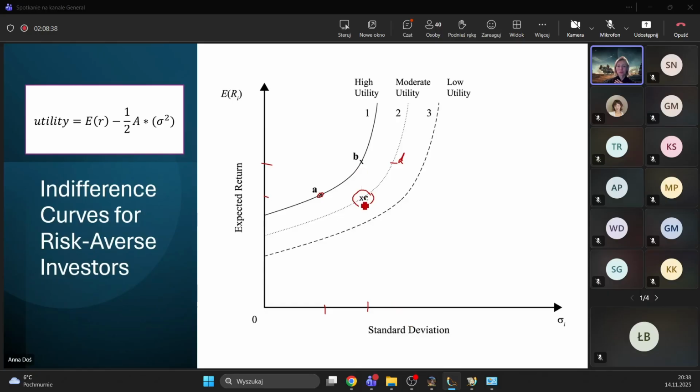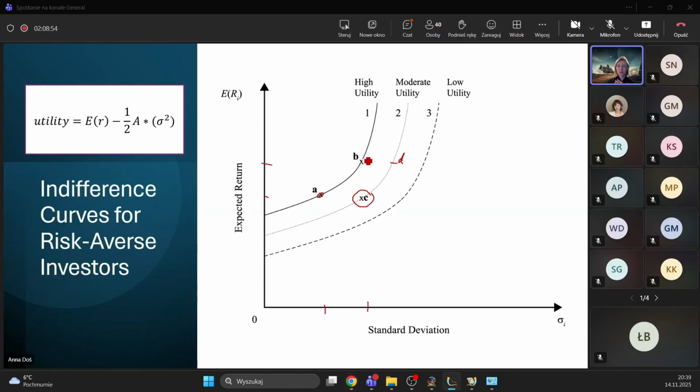So for these investments, the risk is the same, but the rate of return is higher for B. For these two investments, B and D, the rate of return is the same, but the riskiness for B is lower.